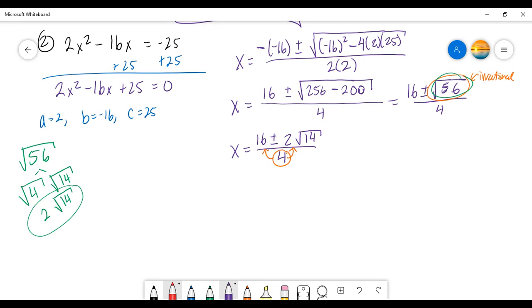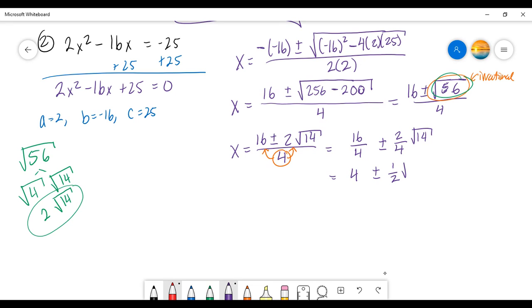So I could write this as 16 over 4 plus or minus, I just treat it as one of those, a plus or a minus, it separates terms, 2/4 times rad 14. Okay, I can simplify: 16 over 4 is going to equal 4, plus or minus 2 over 4 is 1/2.